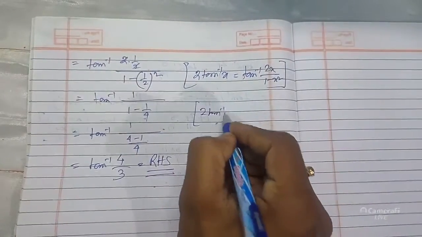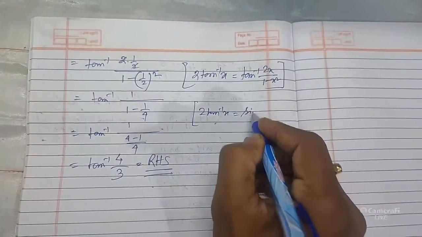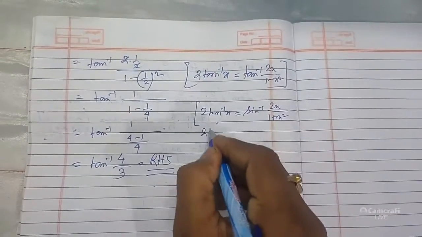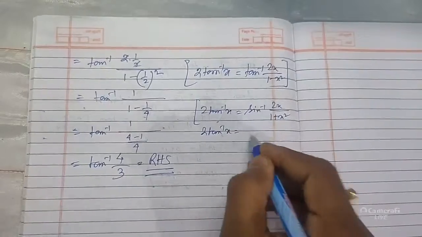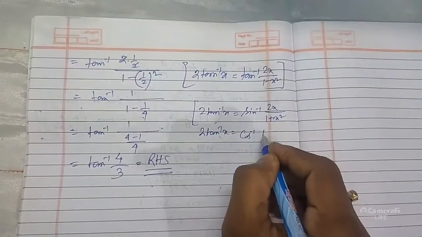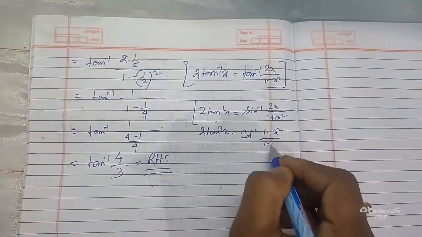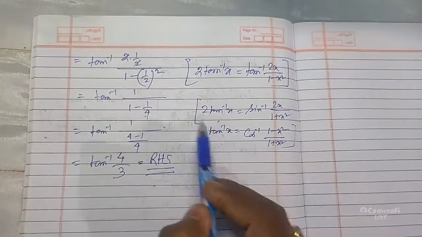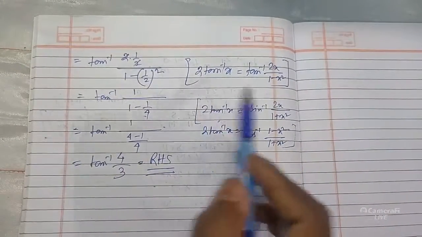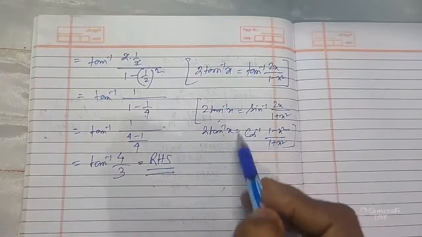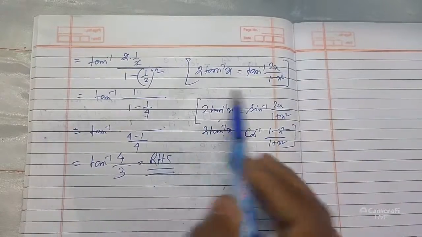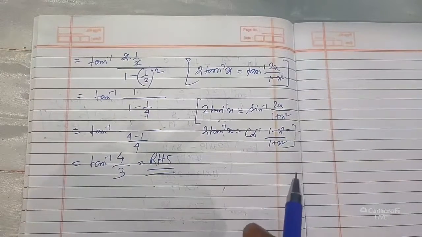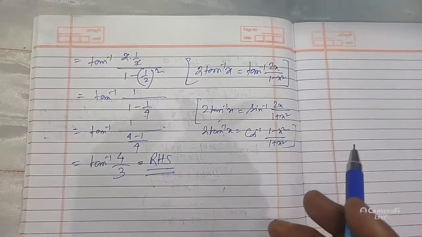And 2 tan inverse x is equal to cos inverse 1 minus x square by 1 plus x square. So these are the formulas. So if the LHS is in 2 tan inverse x form and the RHS is in this form, we have to apply this formula. So that type of problem we will solve.